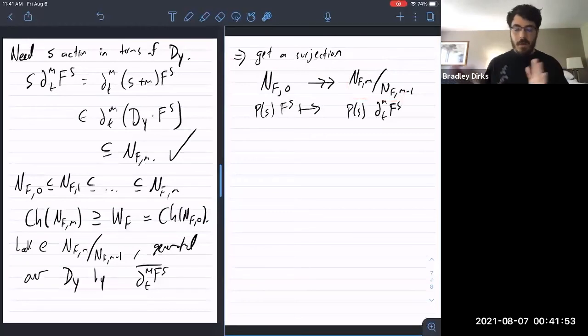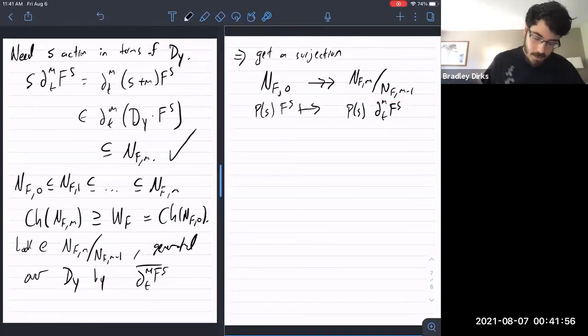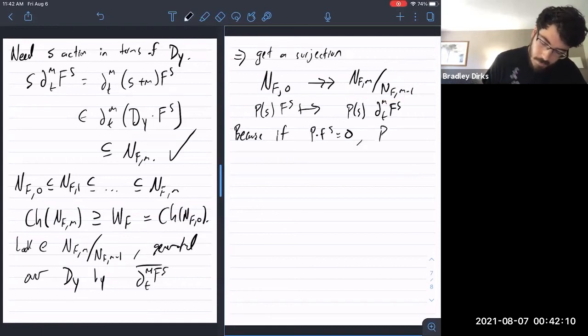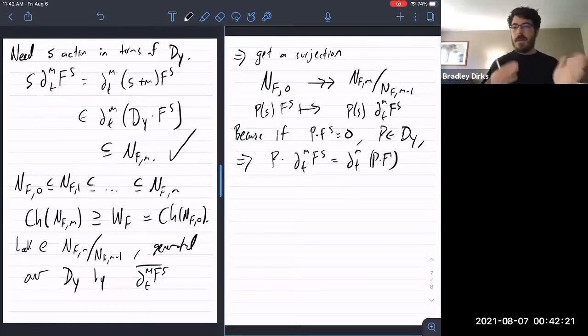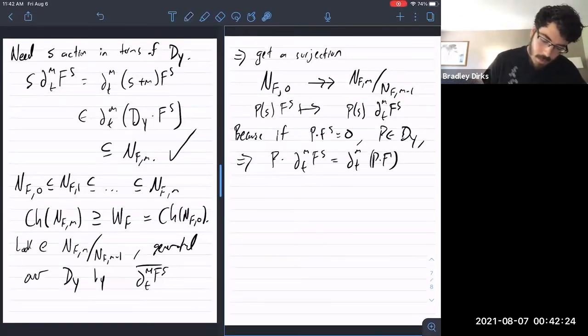This is how quotients of cyclic modules work. If P, in D_y, kills f^s, then P times D_t^m f^s is equal to D_t^m P times f^s, because D_t commutes with the D_y action. And so we get this quotient here.